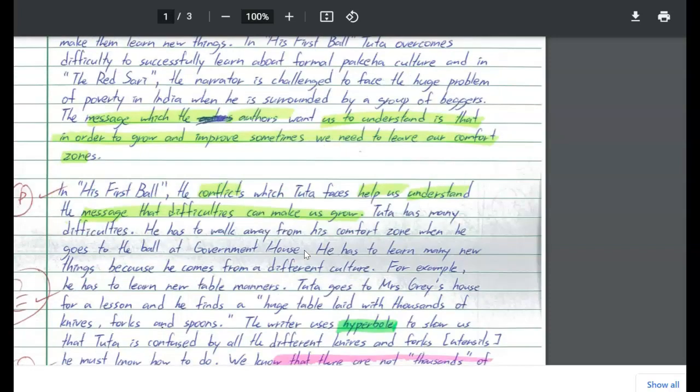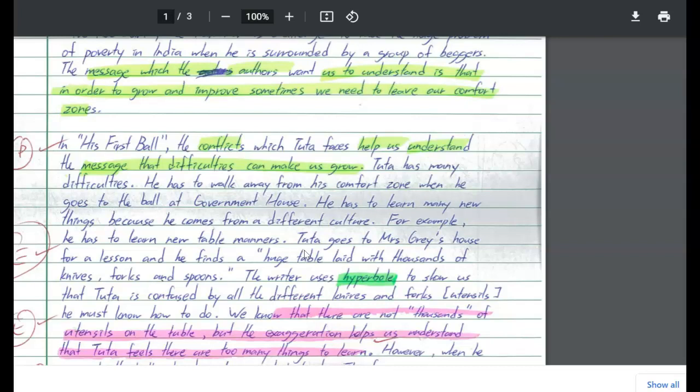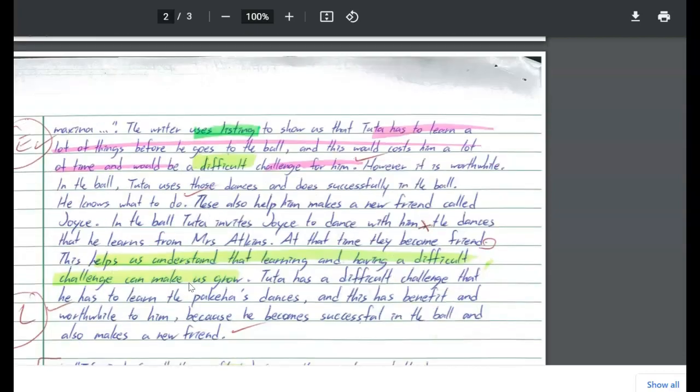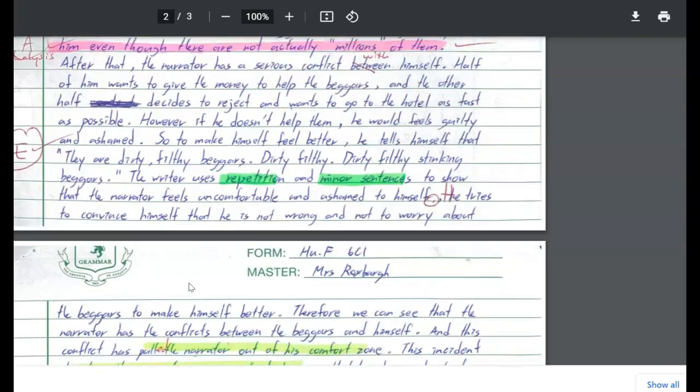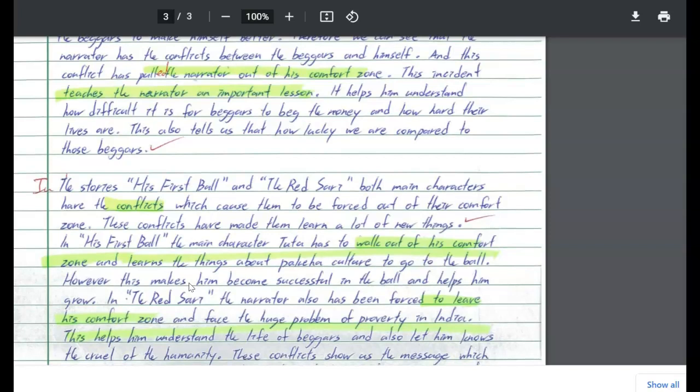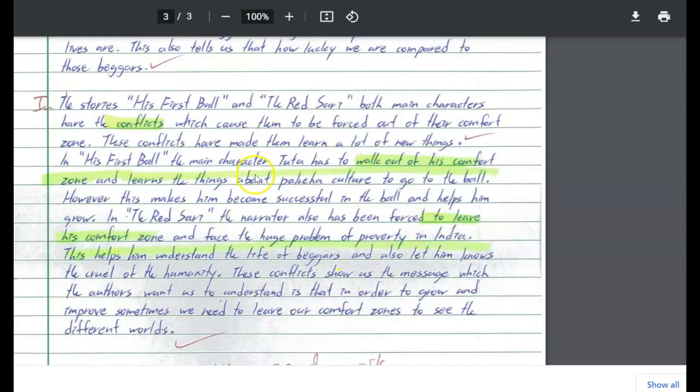And I will just talk you briefly through what he does, which is very good. He has 1, 2, 3 body paragraphs and a conclusion. Everything that is highlighted in yellow are the keywords and the answers to his keywords.